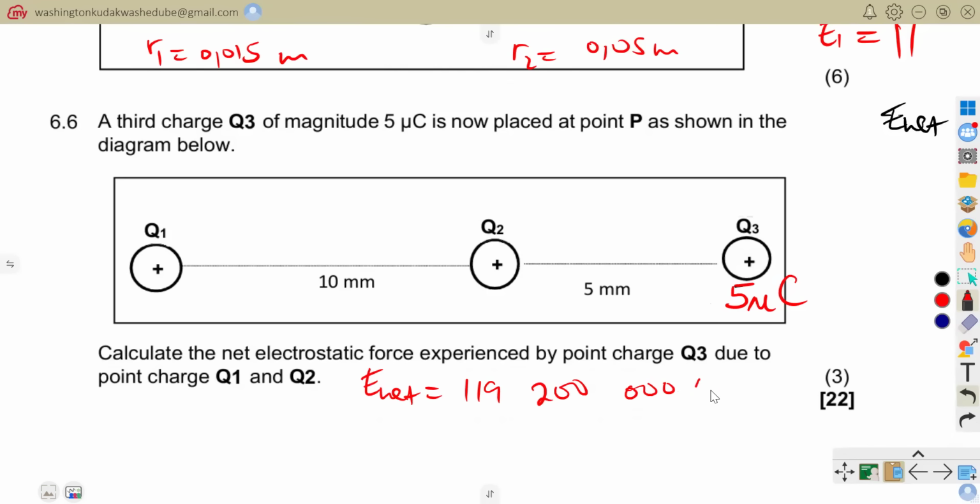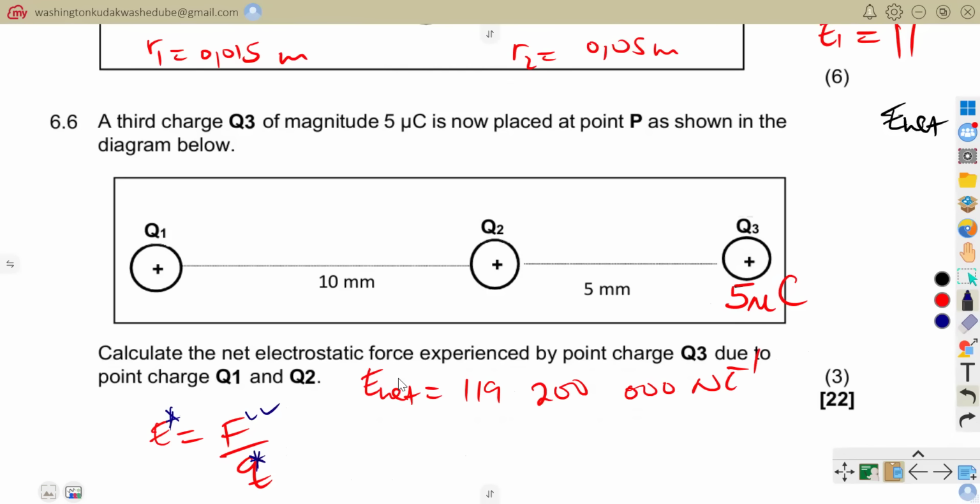We now know E net that is acting upon this, and we say this is equal to what? 119,200,000 Newton per coulomb. And we agree that this E, we got it from force per unit charge. Now, if that is the case, I'm looking for this force, and I know that, because this is what is given.